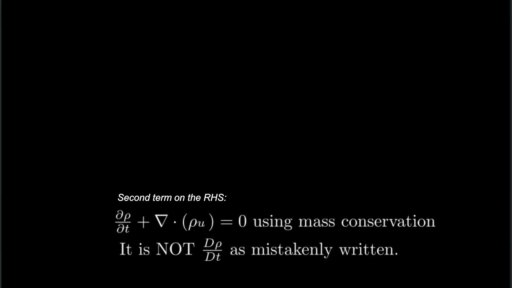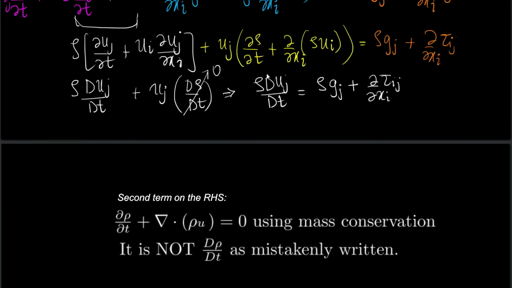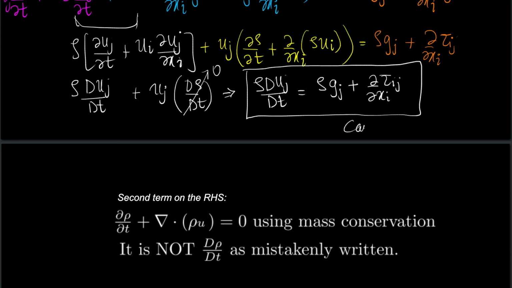This particular equation is called the Cauchy momentum equation, and it was first derived by the famous mathematician Cauchy.